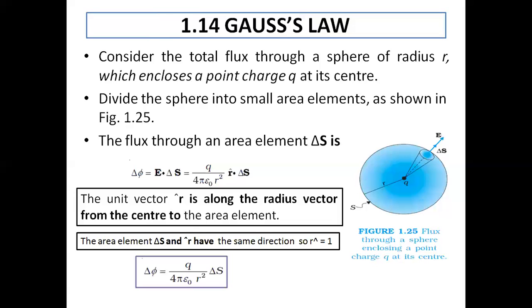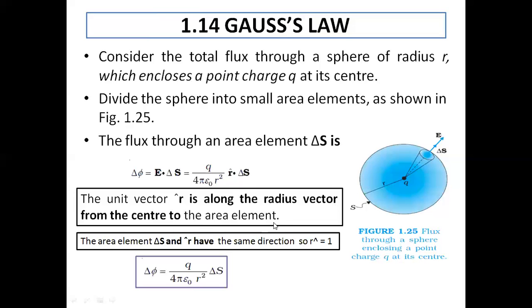But as we know, electric field E is equal to q divided by 4 pi epsilon naught into the distance, and here the distance is small r, the radius of this sphere. So E is q divided by 4 pi epsilon naught r square into r cap, dot delta S. What is r cap? R cap is the unit vector along the radius vector from the center to the area element.